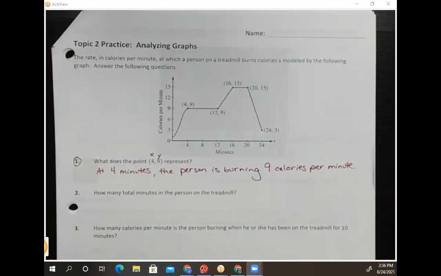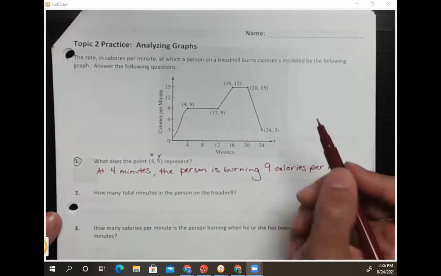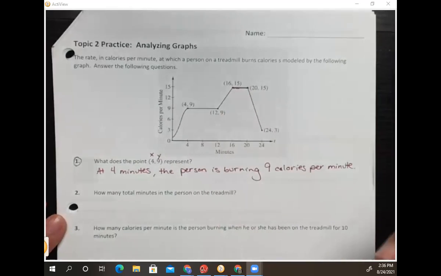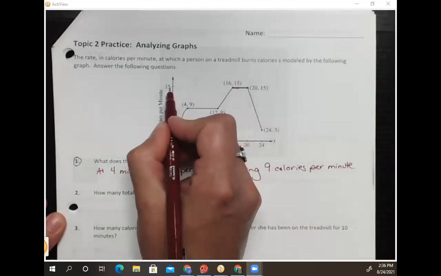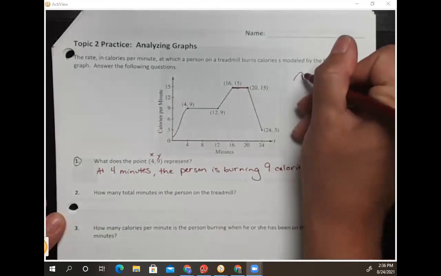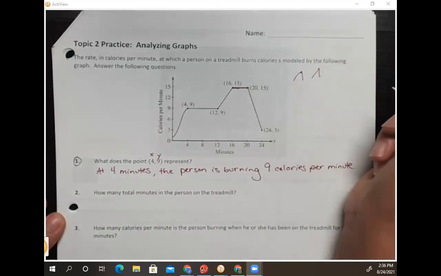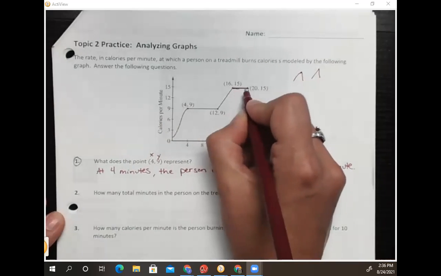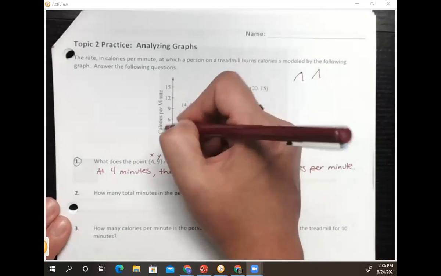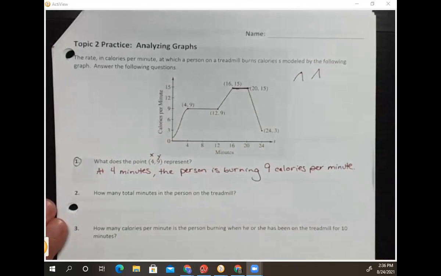The highest piece of our graph would be this section right here, right? That would be the greatest number of calories. So it's not like a maximum or like a sharp peak. That's okay. We've got a sort of a plateau looking thing here, a flat top for our highest calorie burn. That's okay. But I want that highest Y value because Y tells me how many calories I'm burning.